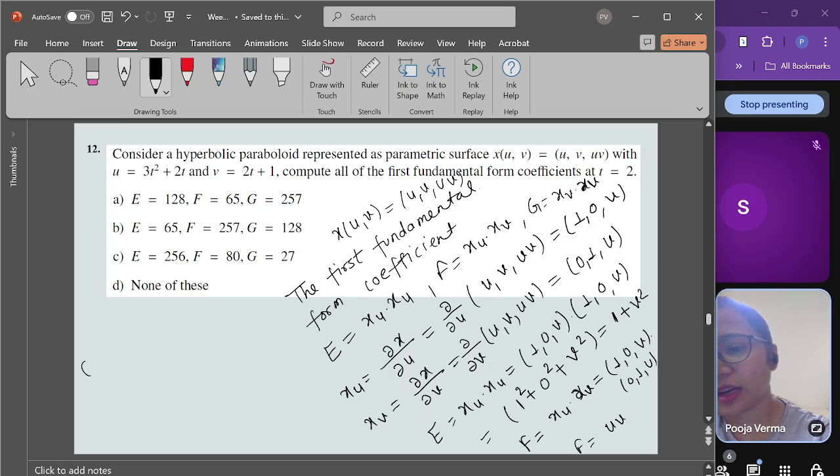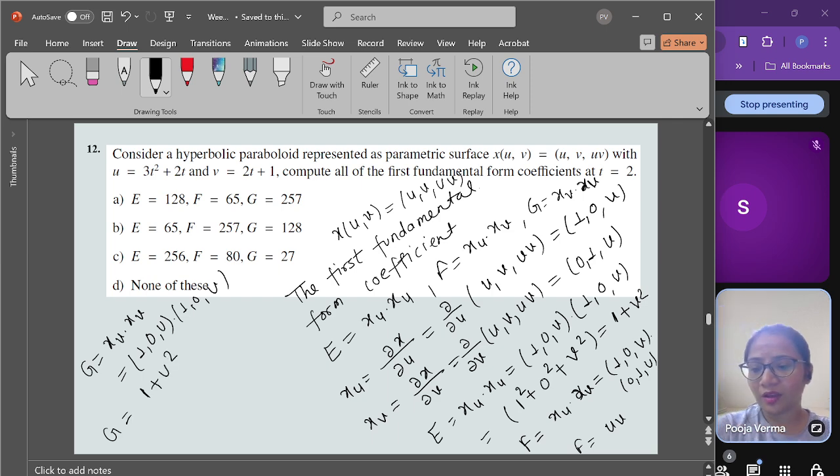Similarly, you can calculate G. G is x_v dot x_v, the dot product of (0, 1, u) with (0, 1, u). If you multiply, you will get 1 plus u squared, right?